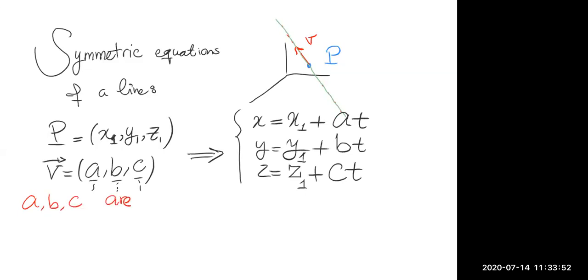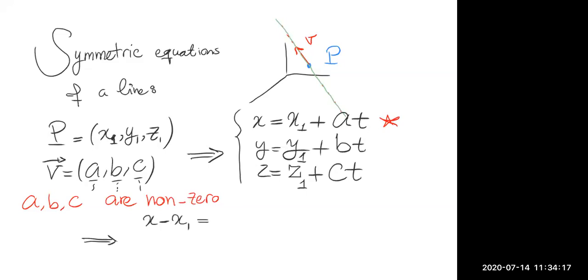Now, for simplicity at this moment, suppose a, b, and c are all non-zero. Suppose V is something like 1, 2, 3. Look at the first equation. I can subtract x1 from both sides. On the left side, I get x minus x1.